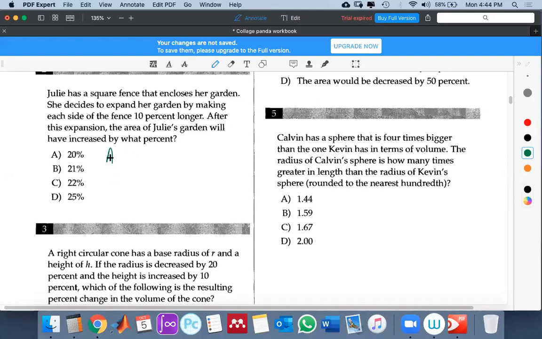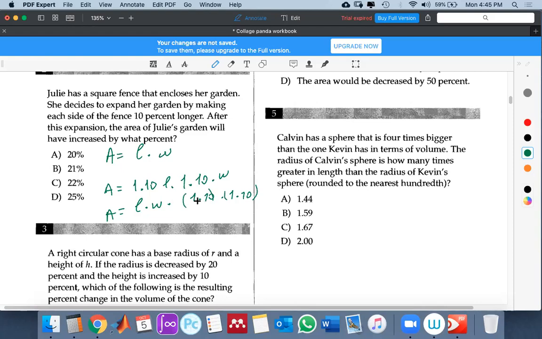Practical way, A is L times W, area of a rectangle. If you increase by 10%, it means the new one is 1.10, we should say. Like this, what do you think? Yes, no? Yes. So by using a calculator, can you tell me what is 1.10 times 1.10?